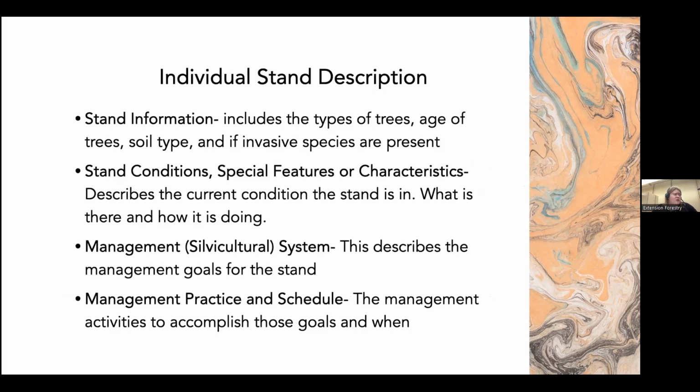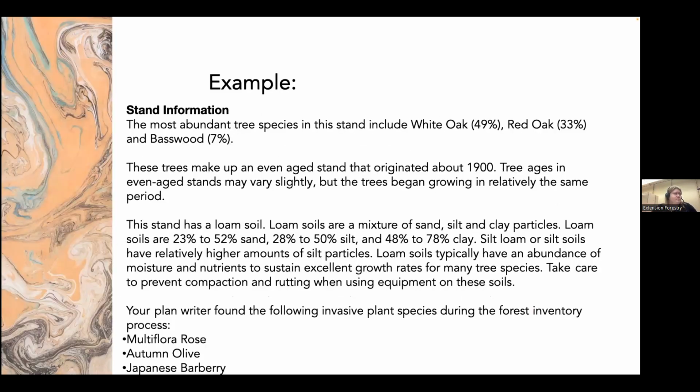So just going back to the different parts that you'll get for each of your stands, I'm now going to give you an example. This is that first part that describes what's there. This is just an example so that you can see what it is. Yours might look different than this, but this lets you start thinking about it. You can see that the forester that wrote this plan identifies that white oak, red oak, and basswood are the most prominent species there.